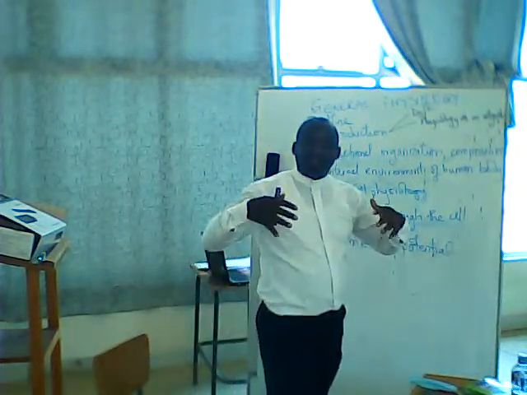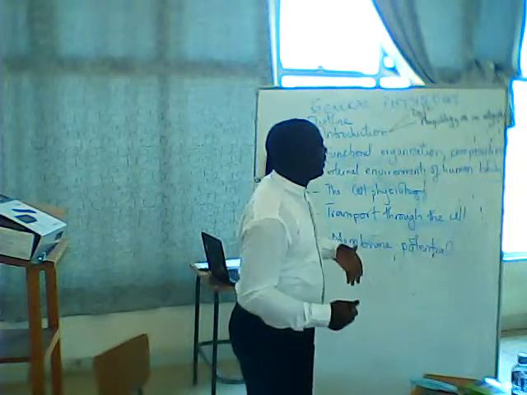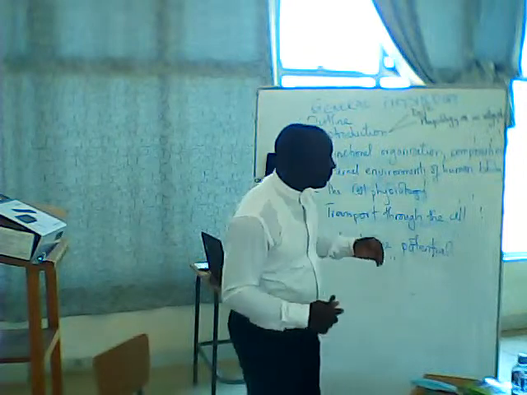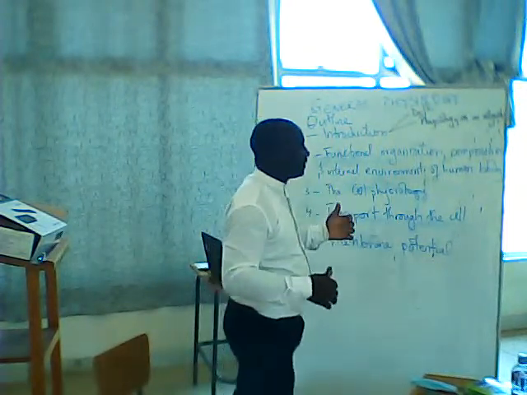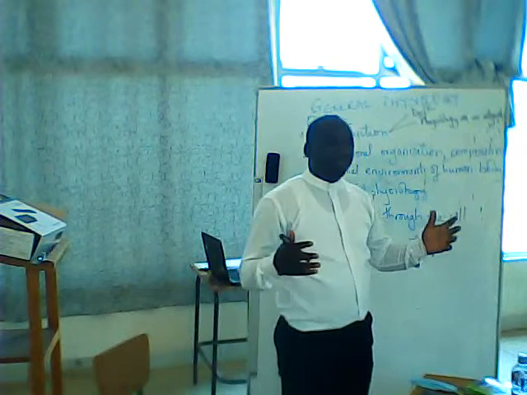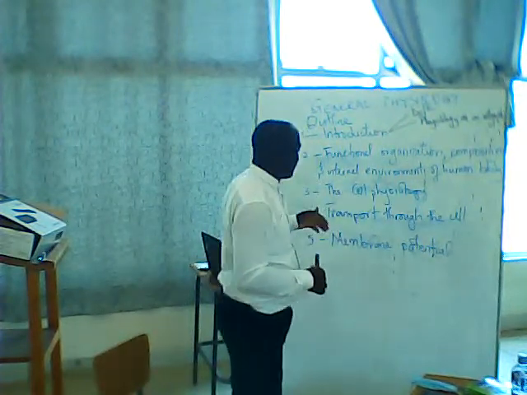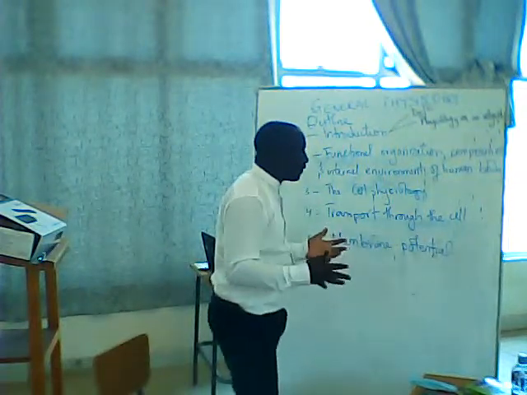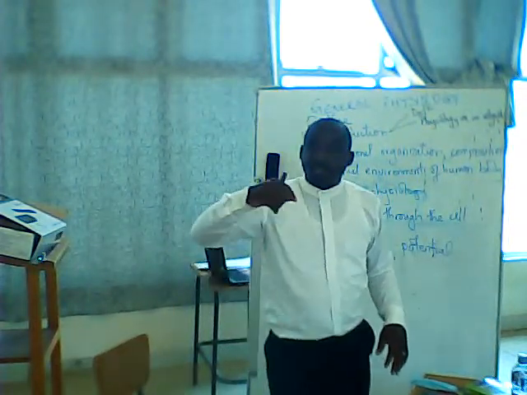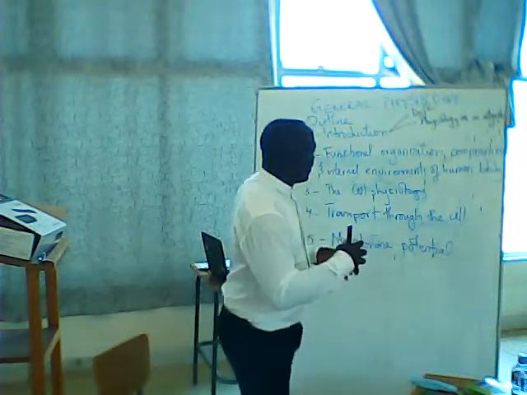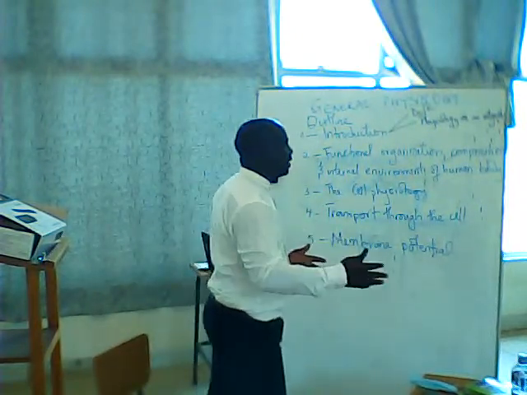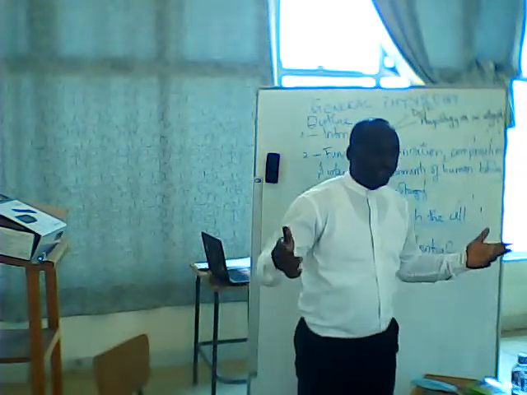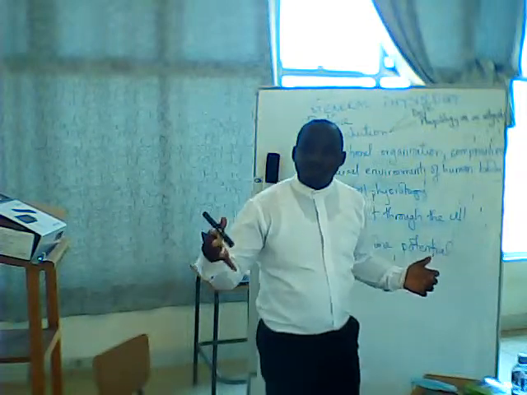We'll look at a brief history of physiology, and then physiology as an integrated science, and then the functional organization, composition, and the internal environment of the human body. From there we'll look at cell physiology. After that, transport across the cell membrane. Then we'll end the course with membrane potential.